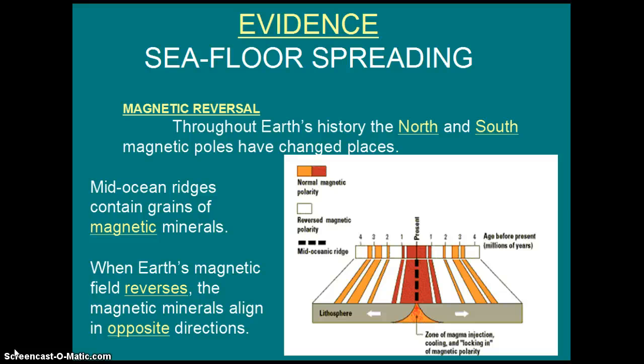And finally, seafloor spreading, which showed that as the plates were moving apart, magma would come up to the surface at mid-ocean ridges, pushing newer rock up and pushing the older rock away.